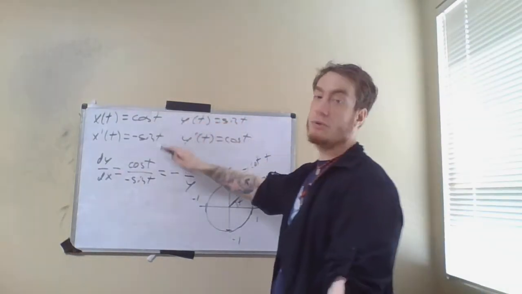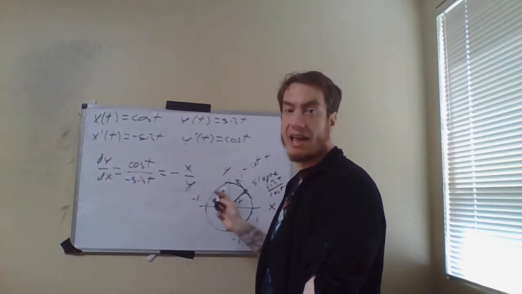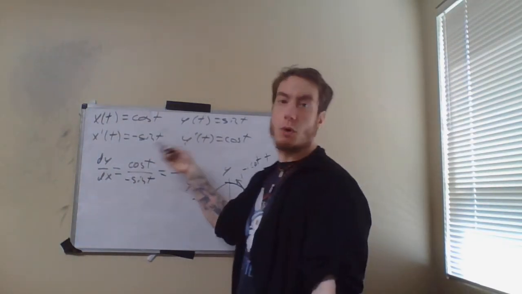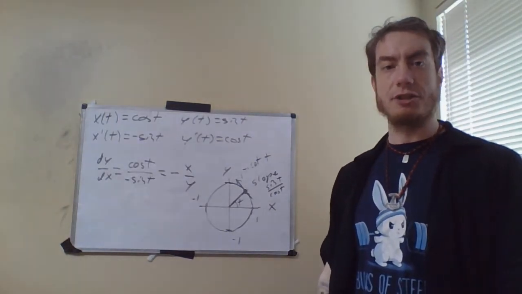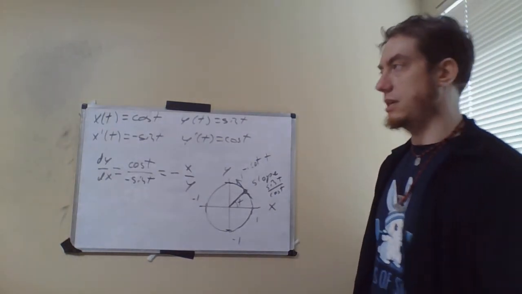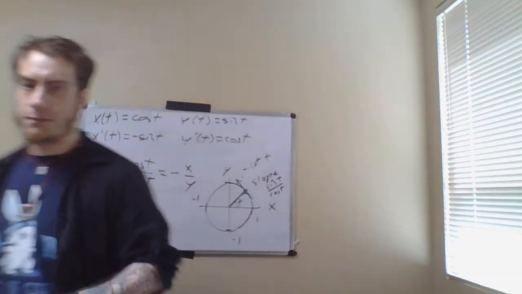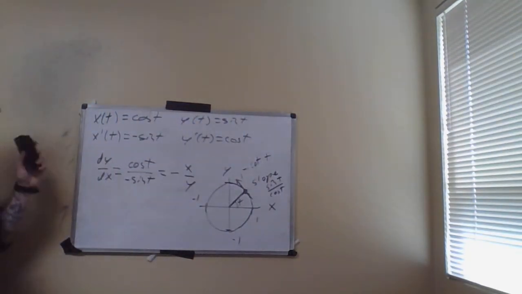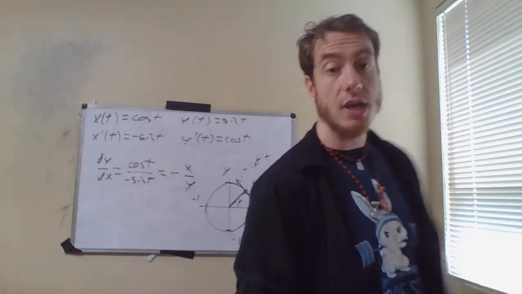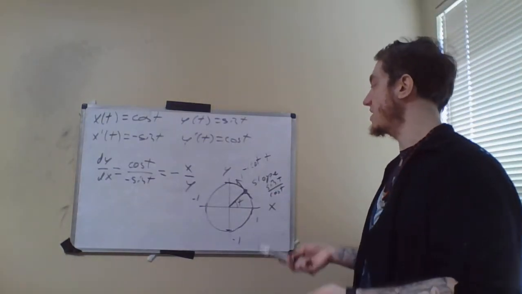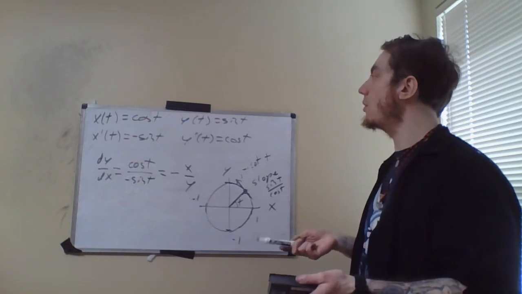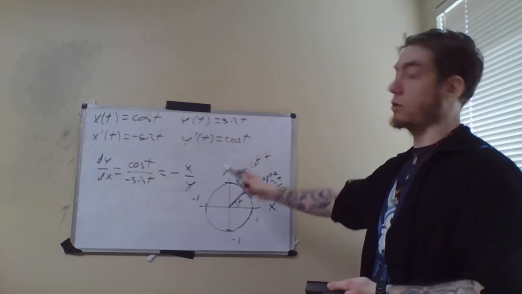So if I didn't know these derivatives, I could say from this reasoning, this is what those derivatives are going to have to work out to be if these functions are differentiable at all. The only tricky part here is proving that these really are differentiable functions. You remember back in Calculus 1, you have to do a fairly sophisticated geometric argument to show that the derivative of sine is cosine.